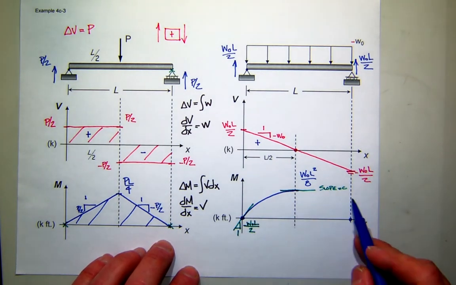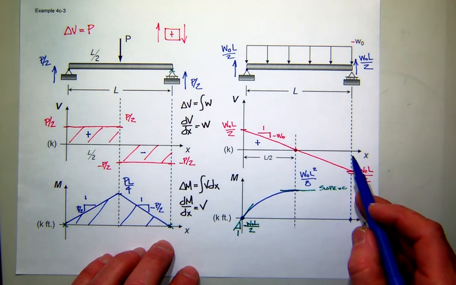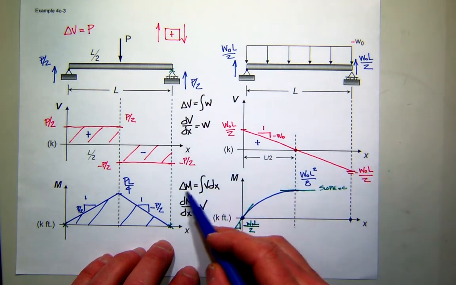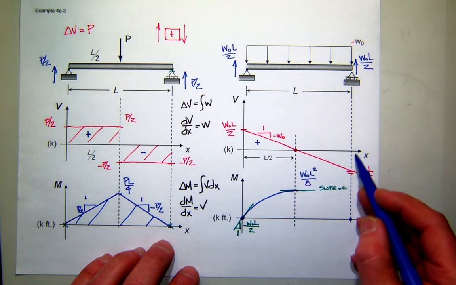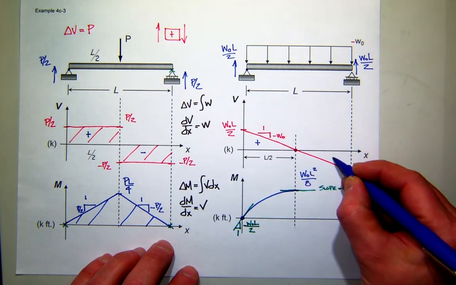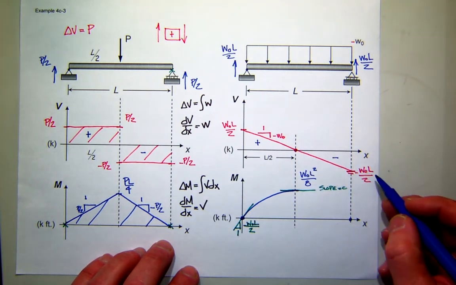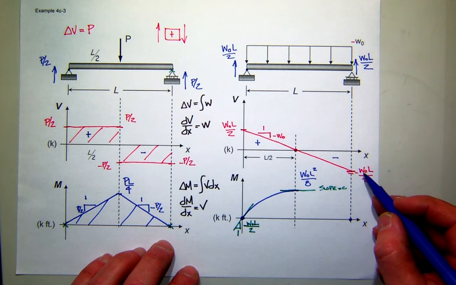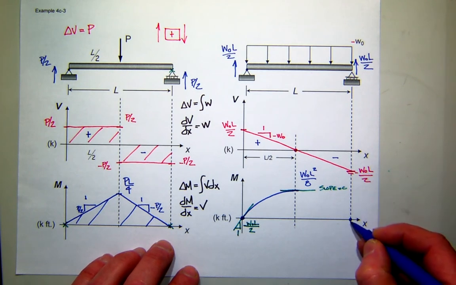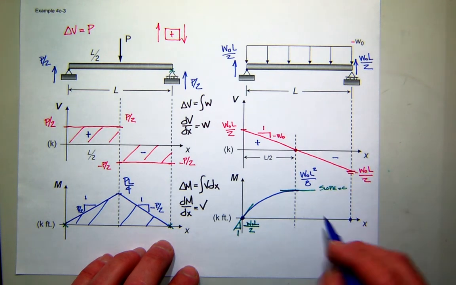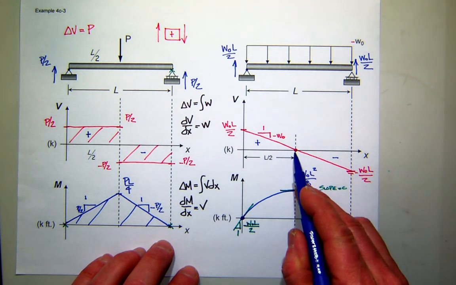Now, over the second half, from L over 2 to L, the change in moment is the area of that part of the shear diagram. And what is this area of the shear diagram? It's a negative area, and it's negative W naught L squared over 8. So that brings me back to 0. And the slope? Well, it starts off at 0.